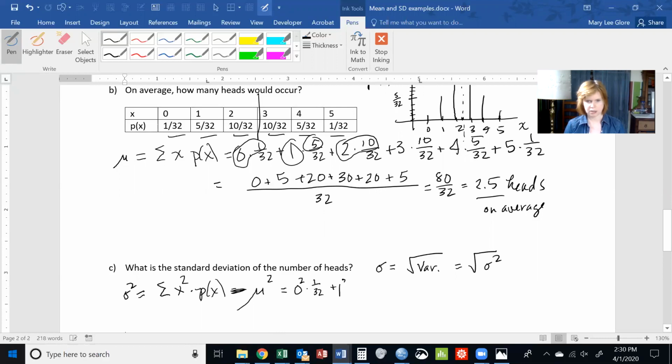I'm going to square that and take it times its probability, which is 5 over 32. Next one is 2. I'm going to square that times its probability, and so on and so forth. And then I'm going to subtract that mean squared. The mean we just did. This was mu. The mean is 2.5. So I'm going to subtract 2.5 squared from all that.